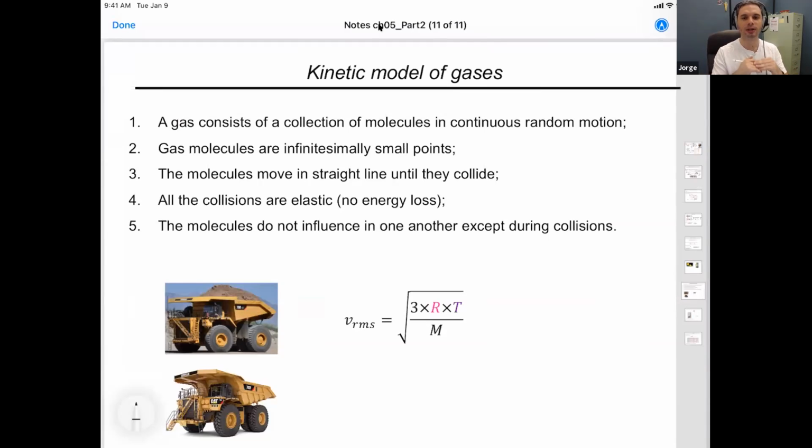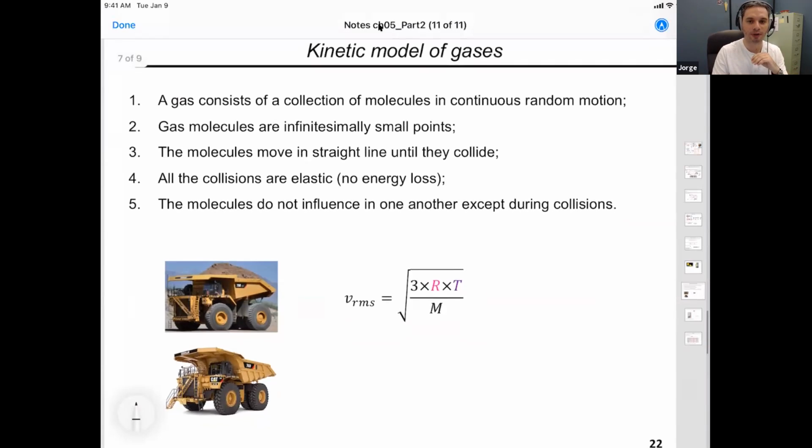And using the kinetic model of gases, we can estimate the speed of the gas molecules, and that's the V RMS from this equation. RMS means root mean square, which comes from the statistics.